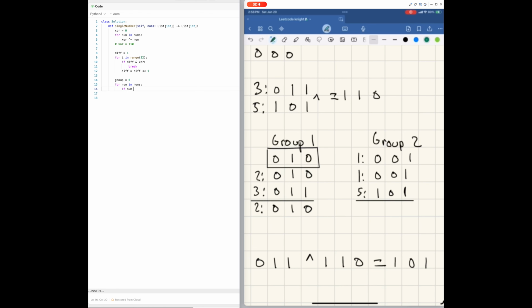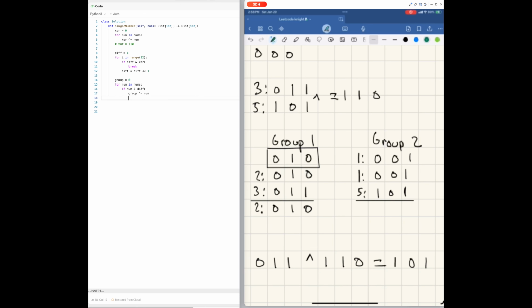So if num and group, if it matches, then we want to do, sorry, this is not group. This is going to be diff. Group. We're going to put it in a group, right? And this is just same as doing, all right, it's just a shorthand of it.